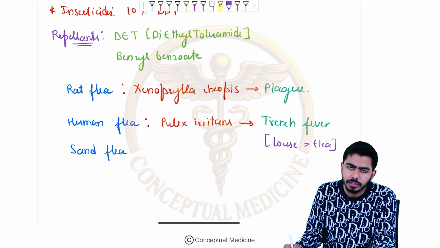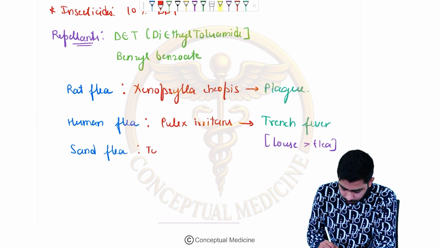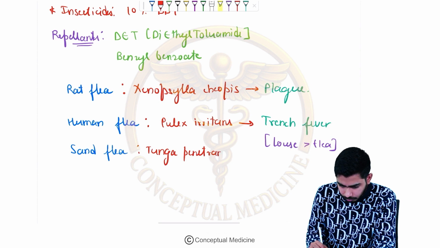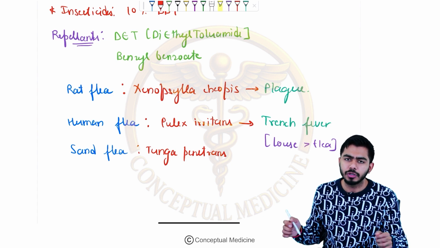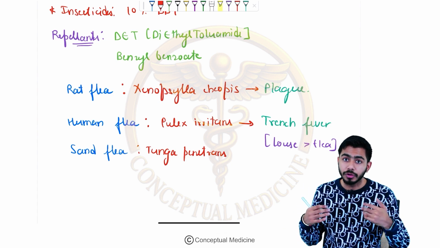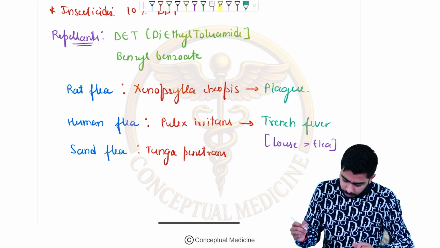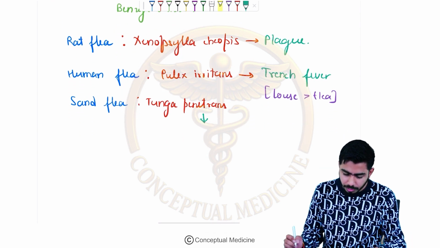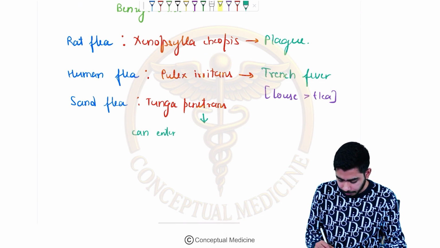If you talk about the sand flea, guys, it is also called the Tunga penetrans, right? And it can actually enter the nail beds in the lower limb especially, and might cause ulcers over there, right?